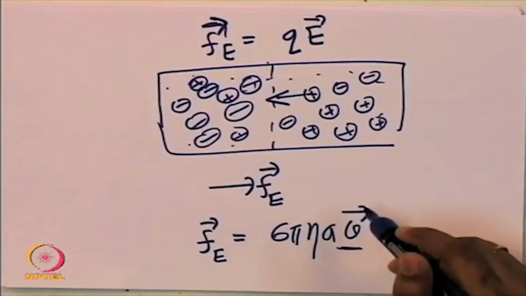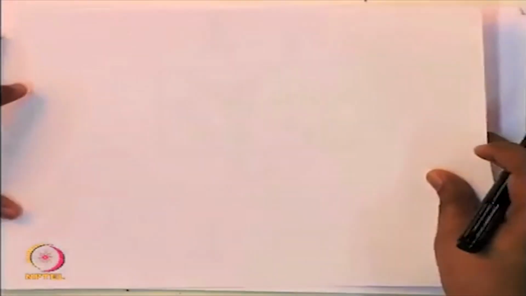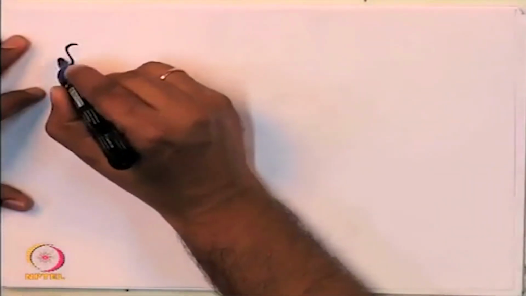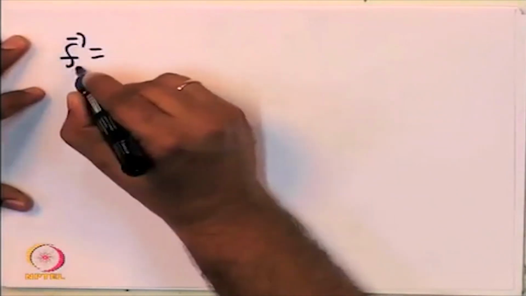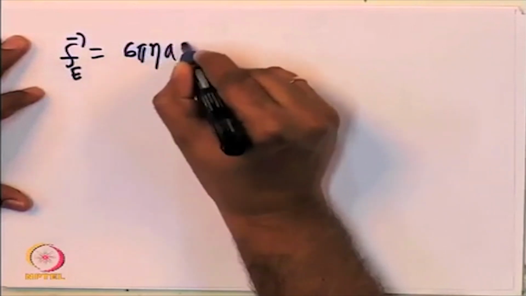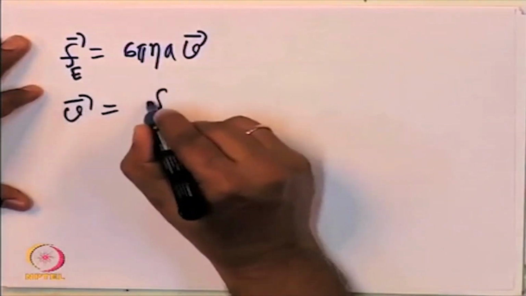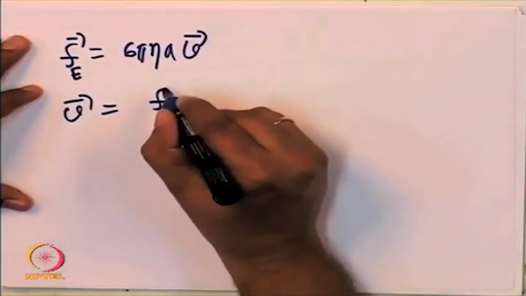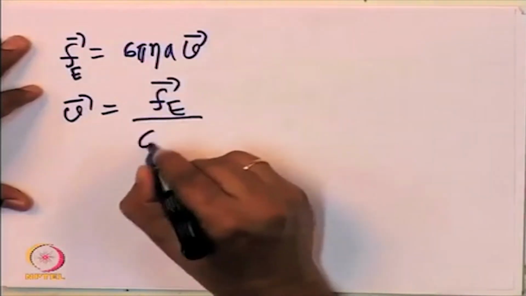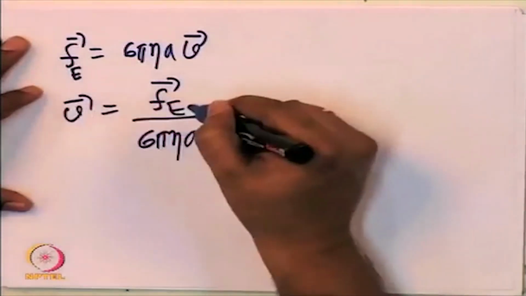We know that the electrostatic force will be equal to 6 pi eta a v. That means v is F_E divided by 6 pi eta a. We know that velocity is a vector and force is a vector.